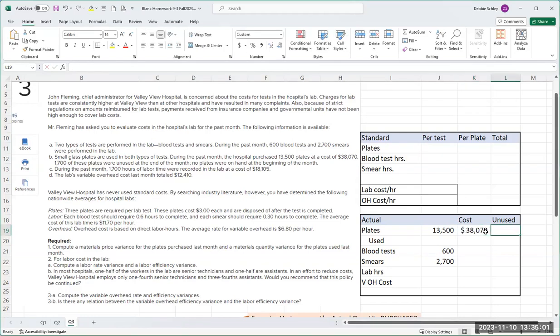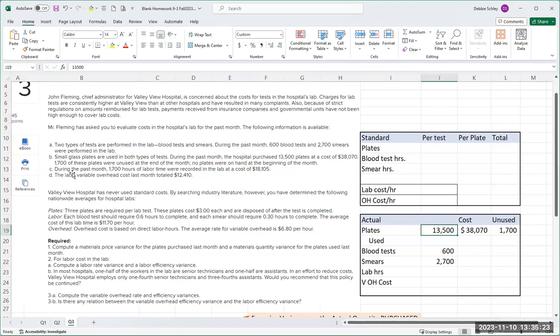C, 1,700 of these plates, I'm going to put that right there for unused, were unused at the end of the month. No plates were on hand at the beginning of the month, so that just means we don't have a beginning balance to worry about. We can just work with the numbers they gave us.